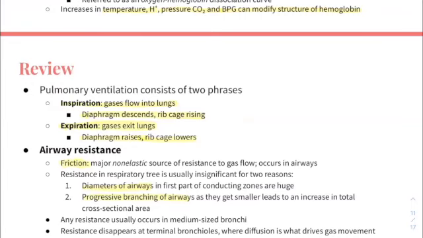They're going to get smaller and smaller and smaller as they go down all the way to those alveoli. If we have resistance, it's going to happen in those medium-sized bronchi, and by the time they get to those terminal bronchioles, it's pretty much gone.